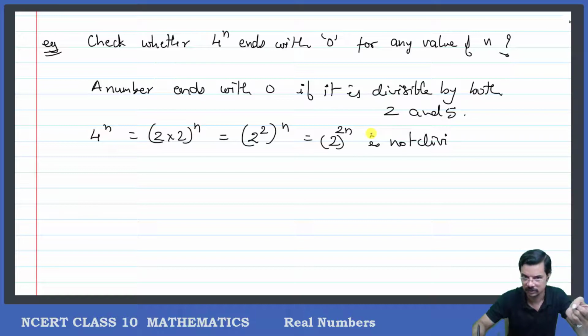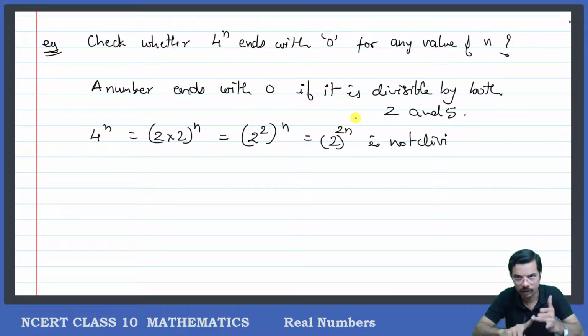If it doesn't have 5 as a factor, then it will not be divisible by 5. If it is not divisible by 5, it will not end with 0. And having only 2 or only 5 as a factor will not make it a number which ends with 0.